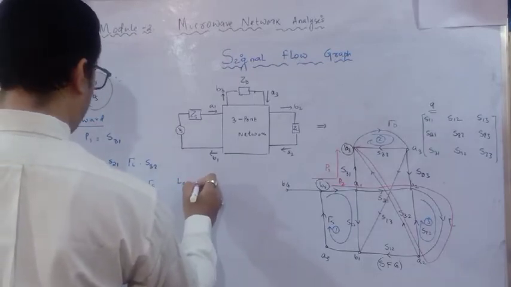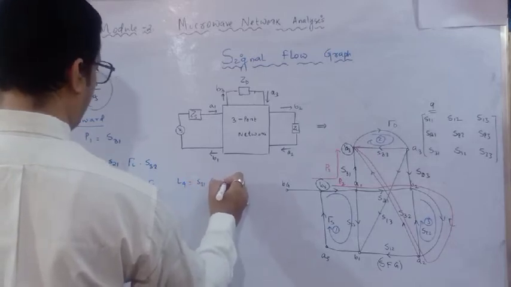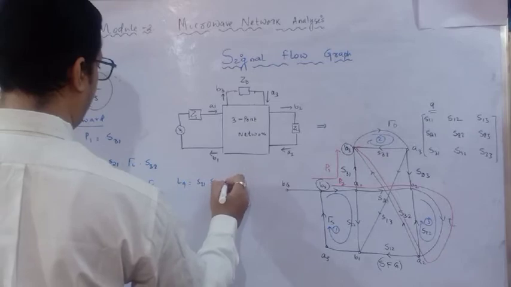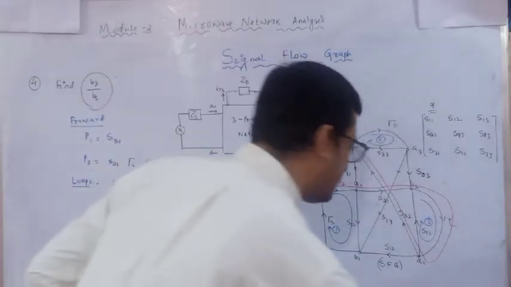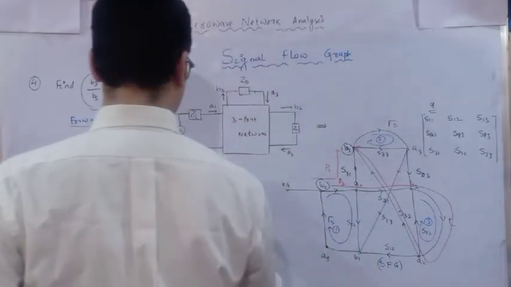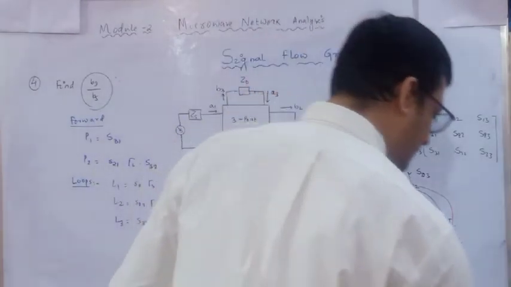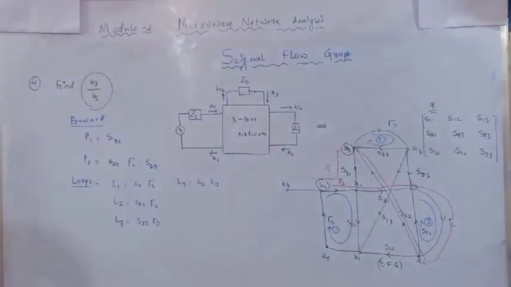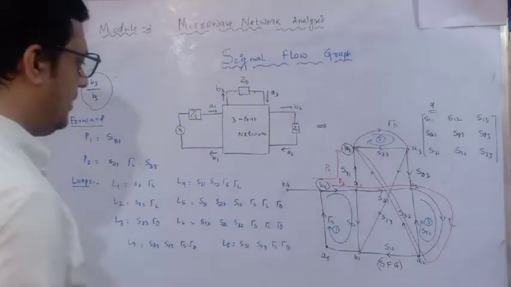L4 is equal to S21 into S12 into the reflection coefficient. I have written that there are a total of 8 loops.